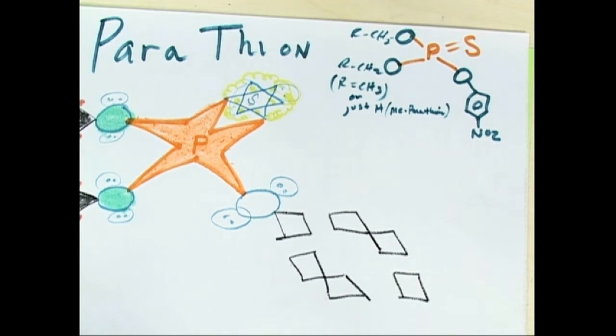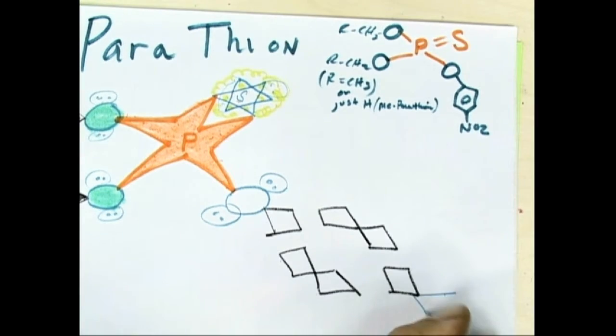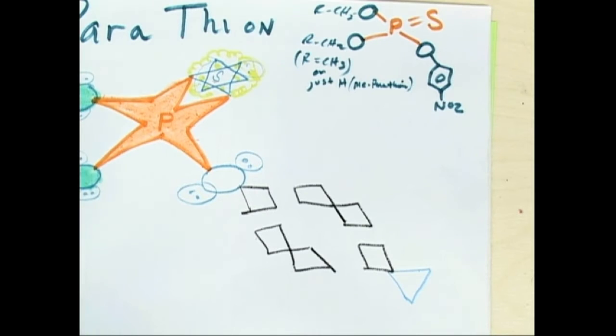Ooh. That's going to be one of those strange bonds. And it's probably going to have a plus on it to have that many oxygens. This is where we have to draw it realistic.